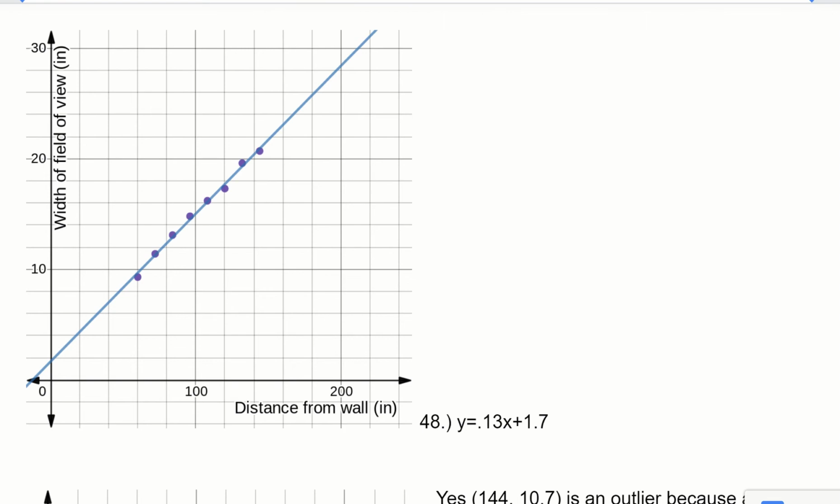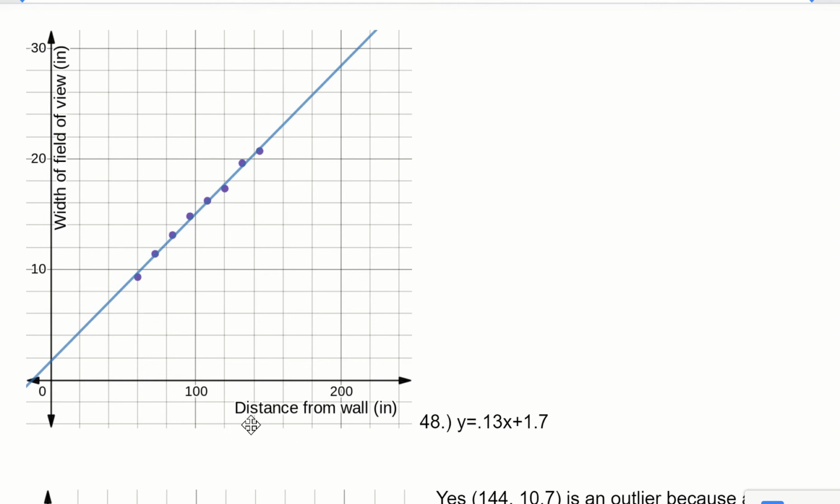Before we move forward, I wanted to take just a moment and look at a compilation of a few different students' work from the previous lessons. This is, I think, questions 48, 49, and 50. This student for question 48 gave me a very nice looking scatter plot from Desmos.